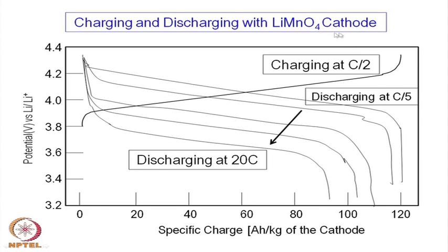So, LiMn2O4 is an alternative cathode material replacing LiCoO2. These are some of the typical experimental data taken from the literature, and these are the possibilities. One can charge at a very fast rate as well as discharge at a fairly fast rate.